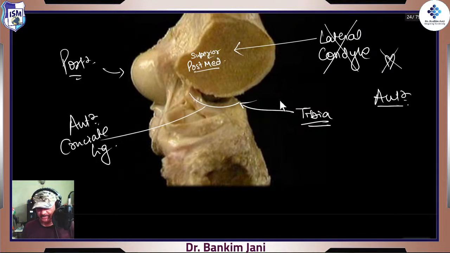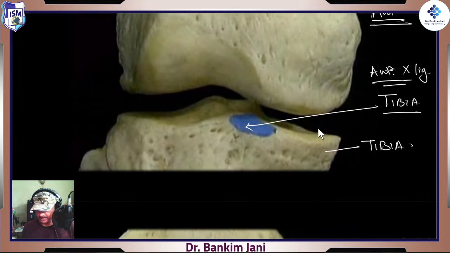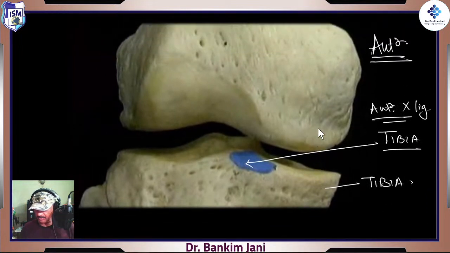Got it? Remember, it is the tibia which is important. Do remember that it is the tibial attachment. That's the star, tibial attachment. So this is the anterior attachment of anterior cruciate ligament, and it is on tibia.